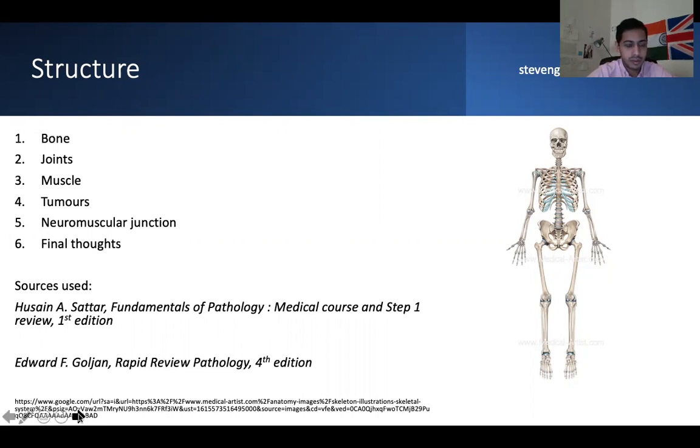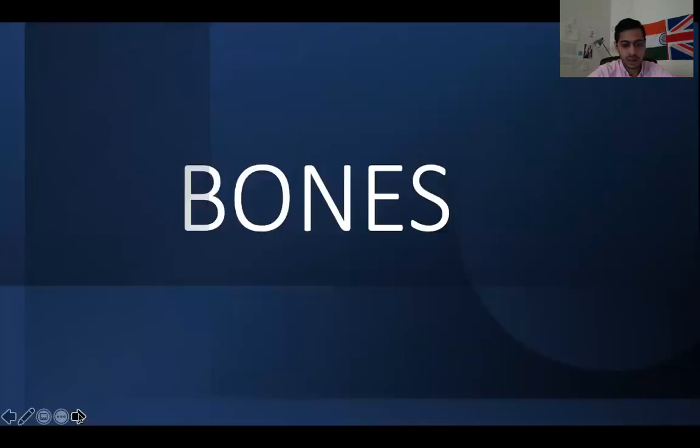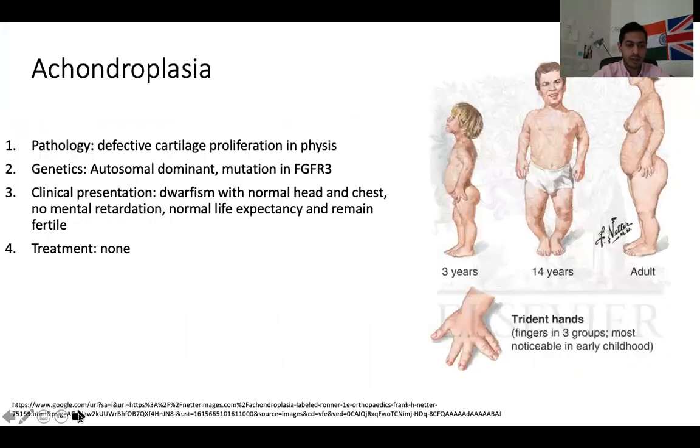So moving on to the first topic of today, we're going to be talking about bones. And the first pathology that we will talk about is achondroplasia. So achondroplasia is caused by a mutation in the FGFR3 gene, which is the fibroblast growth factor receptor 3 gene.